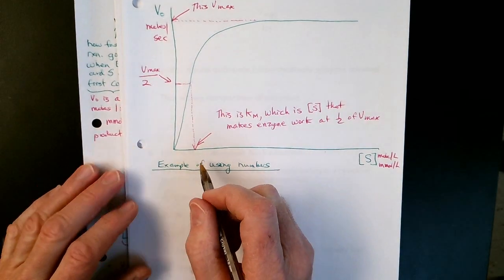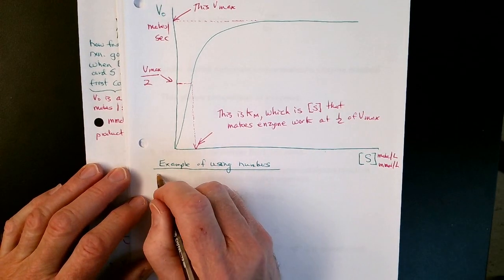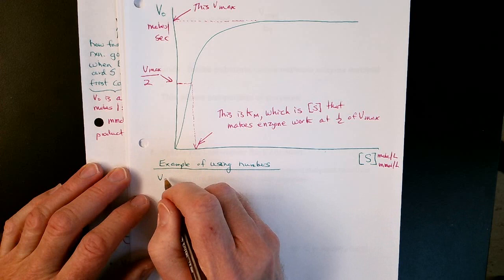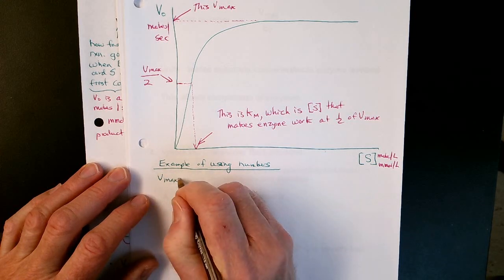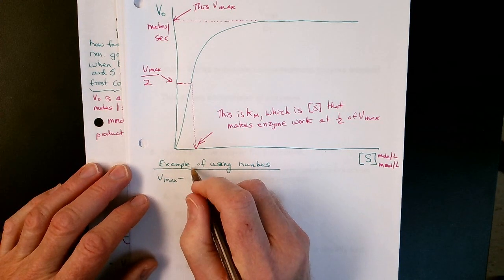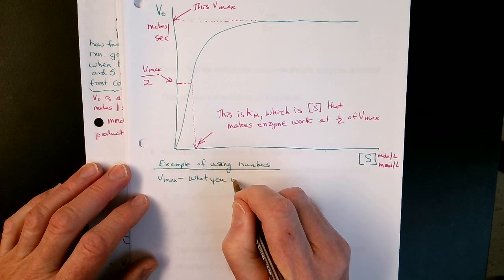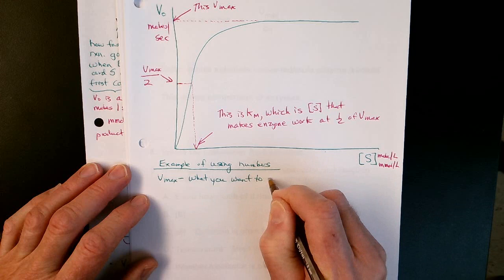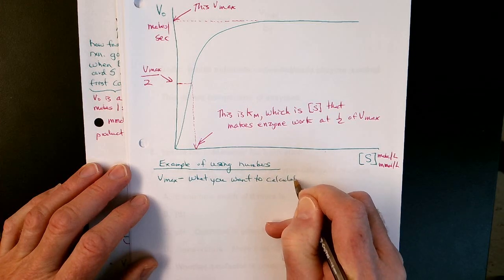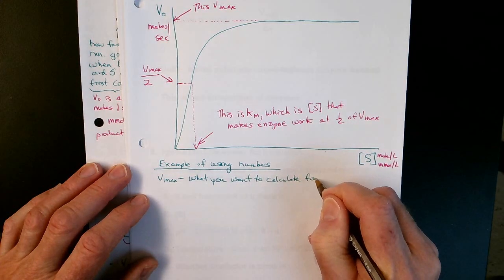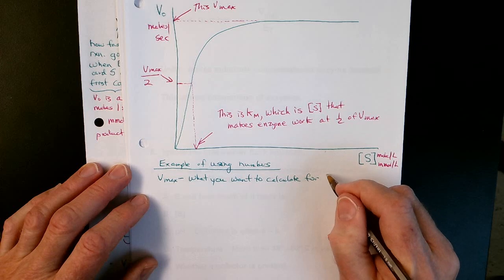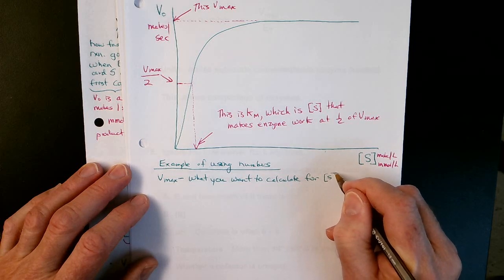Okay, so what we're given here is Vmax, and this is what you need to calculate V0 for a substrate concentration.